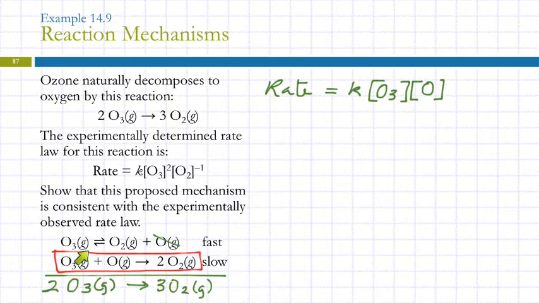We're going to look at this first step that's fast and say, this is most likely going to establish an equilibrium. And so then the rate of the forward reaction is equal to the rate of the reverse reaction. And this is an elementary step. We can predict the rate laws for it based on the chemical equation. So the forward rate is equal to the reverse rate.